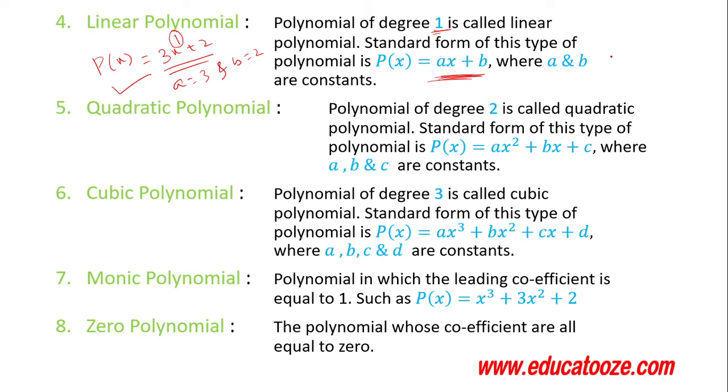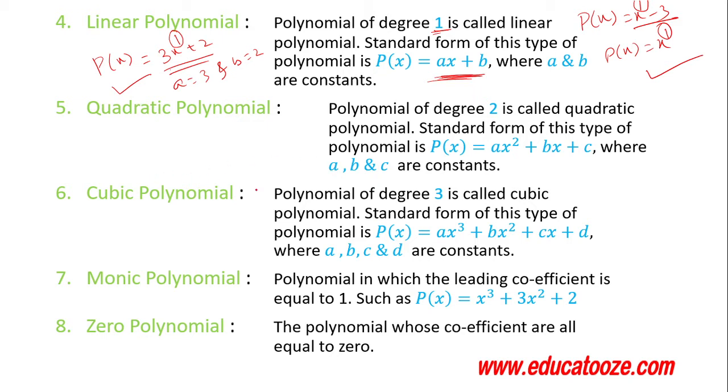Now let us take some other example, like p of x equal to x. Obviously, this is of degree 1. That is why this is a linear polynomial. Take some other example, like p of x equal to x minus 3. Again, this is a linear polynomial because the degree of this polynomial is 1.